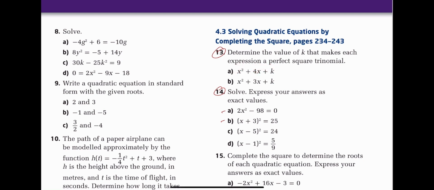For the first one, my k will be equal to 4 over 2 squared, which is 2 squared, which is 4. For the second one, part b, my k will be 3 over 2 squared, which is 9 over 4.